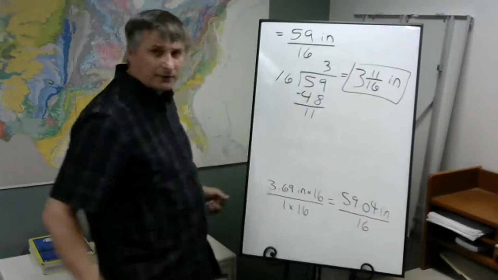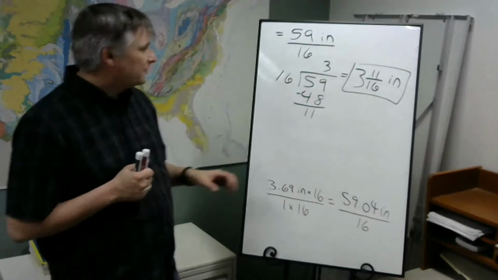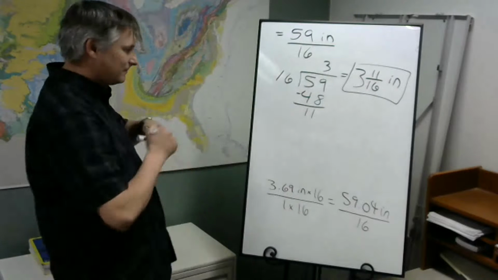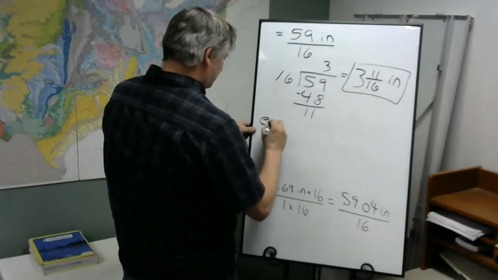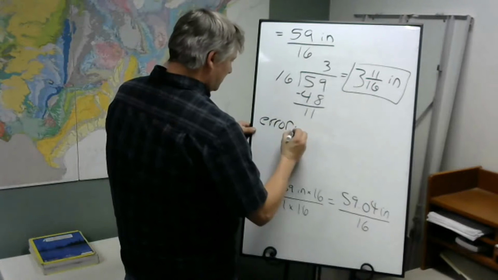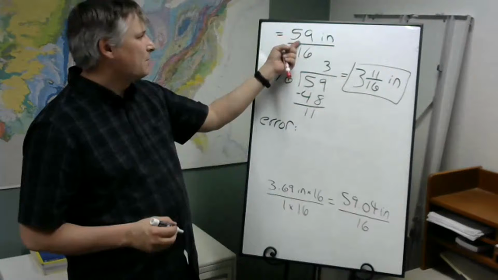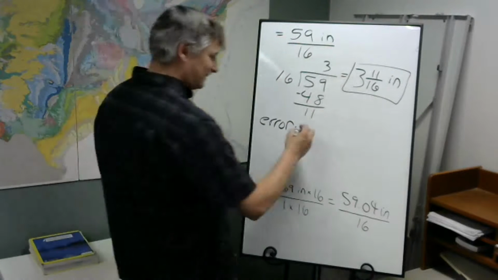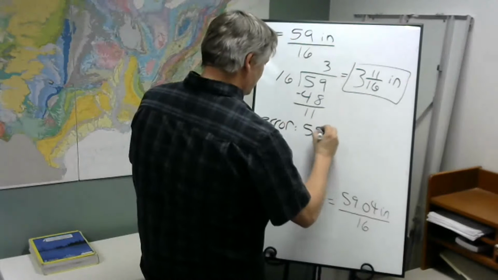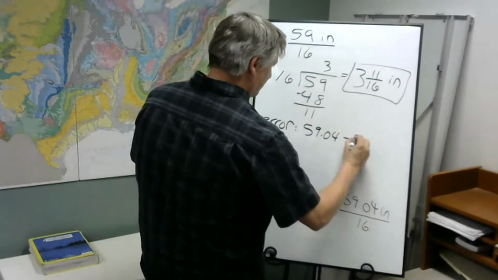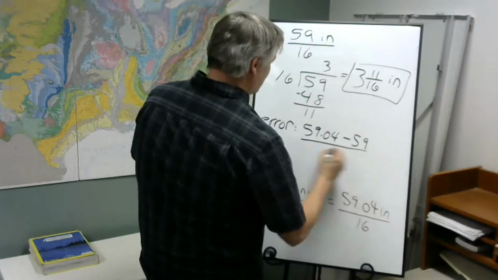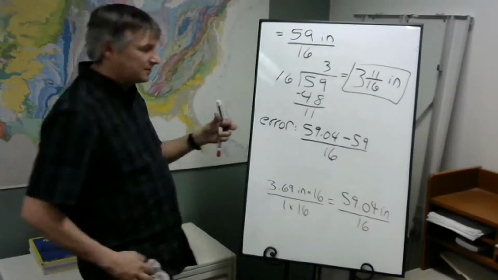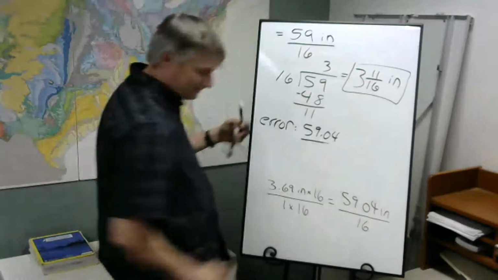Now we want to compute the error. And the error is going to be the difference between the non-rounded version and the rounded version. So for the error, we're going to compute this where we subtract the smaller number from the larger one. In this case, the smaller number is the rounded version. So you have 59.04 minus 59 all over 16. Or maybe I'm skipping a step here. We can do it this way.